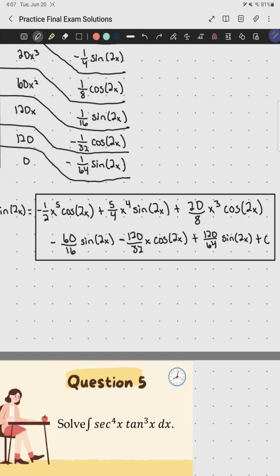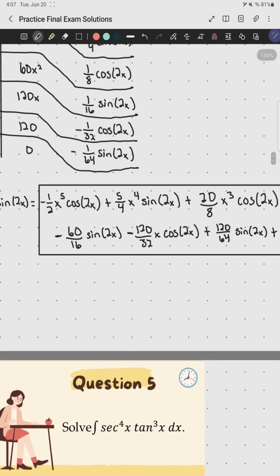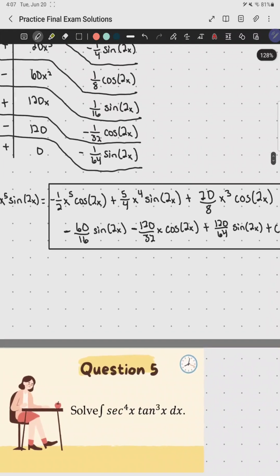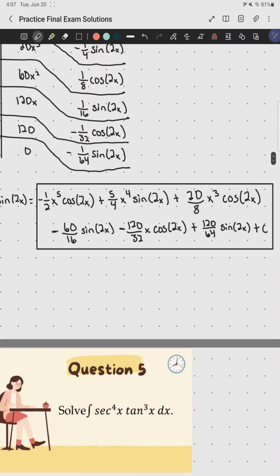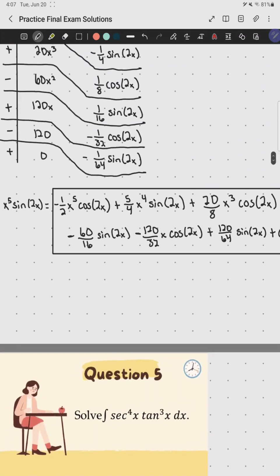But because this one is so gigantic, I'm going to keep it like this, and we are just going to call it a day.